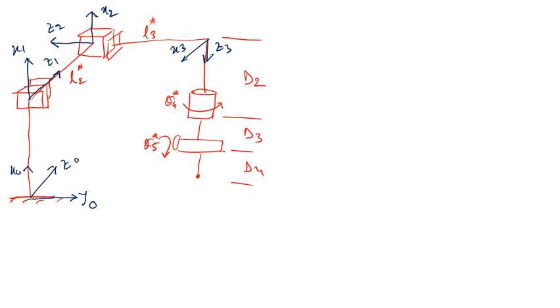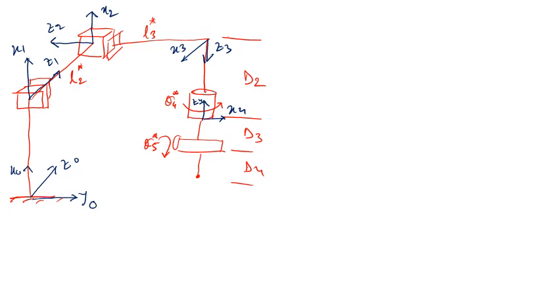Z4 should be, if you use your right hand palm to find the Z4 direction, in this way. And X4 should be perpendicular to both Z3 and Z4, so this is X4.